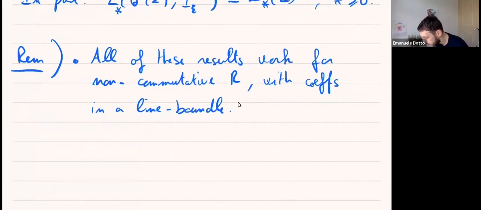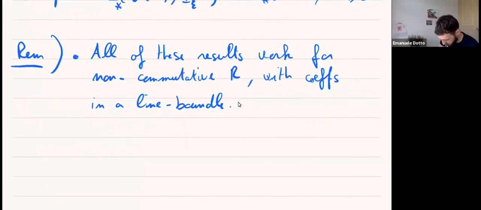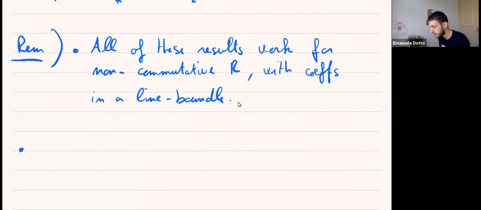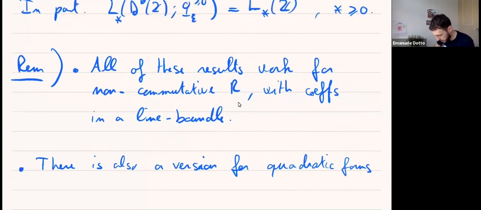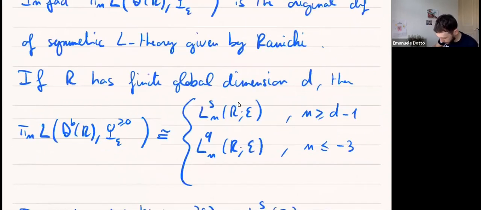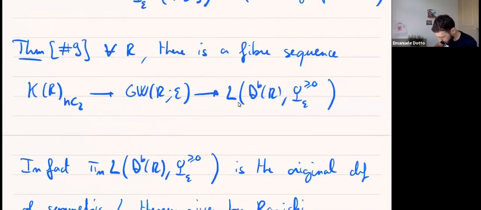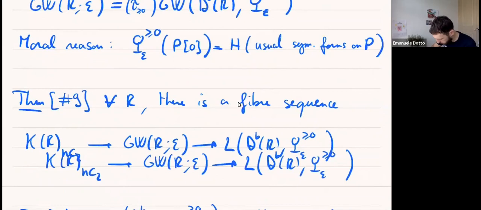The second thing I want to say is that there's also a version for quadratic forms. So the same sequence we had here, let me try to move it down there.